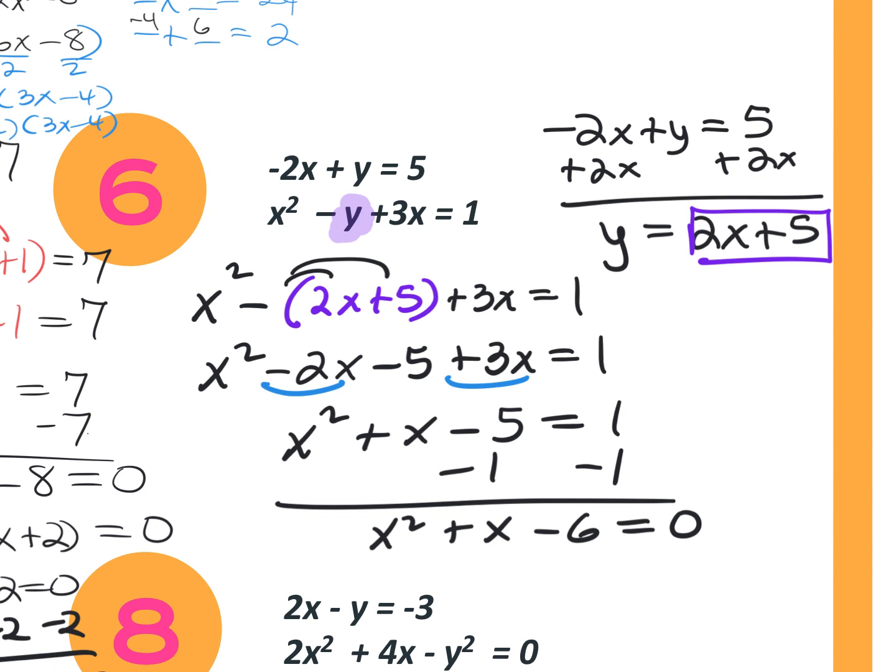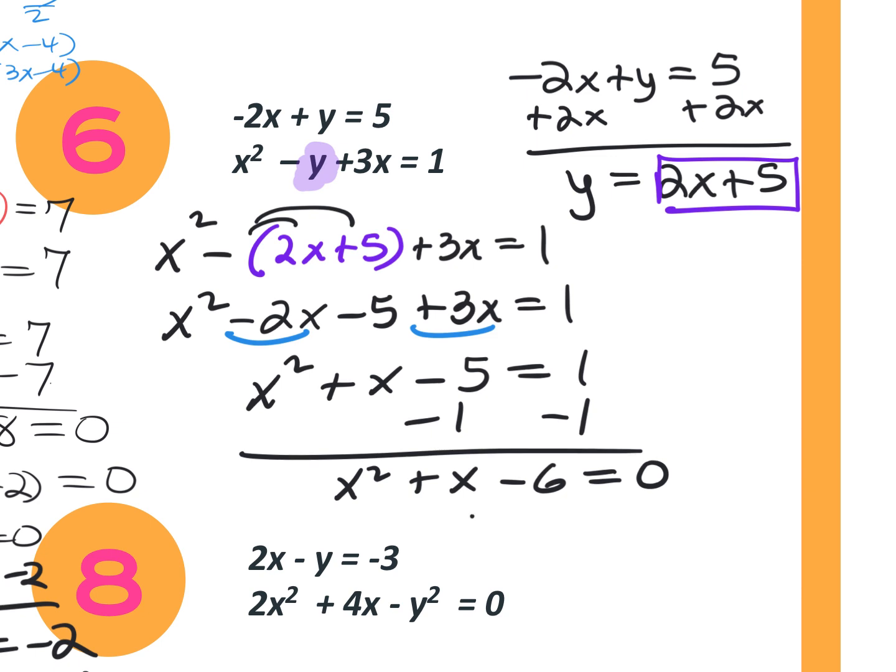Now at this point, you can either choose to use quadratic formula or factor it. This one's nice and easy enough to factor. The factors of -6 that give me positive 1, those are going to be the factors of positive 3 and -2. So my factors are going to be x plus 3, x minus 2. I now need to take those two binomials and set them equal to 0.